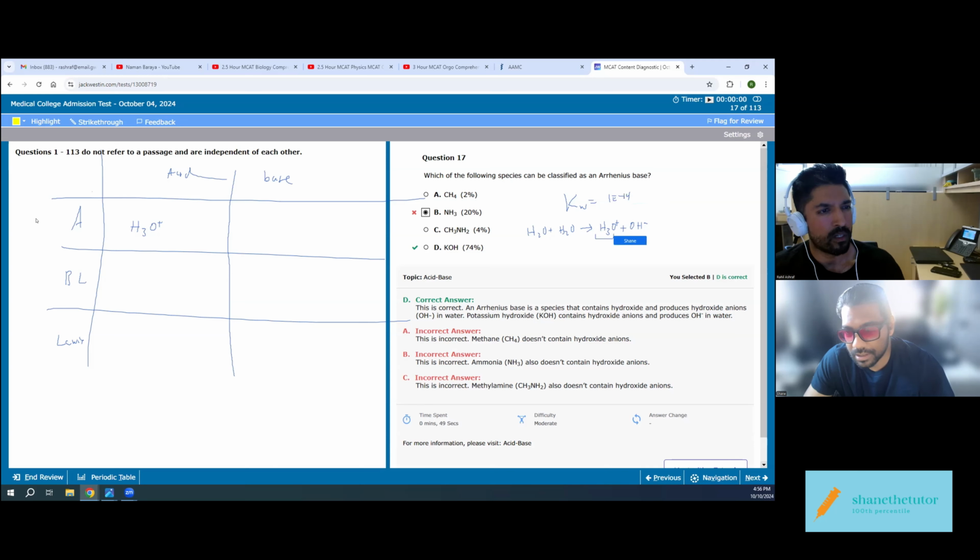What does W stand for? Water. Okay, got it. So both of these would be 10 to the negative 7. That's where the pH scale comes from, the autoionization of water.